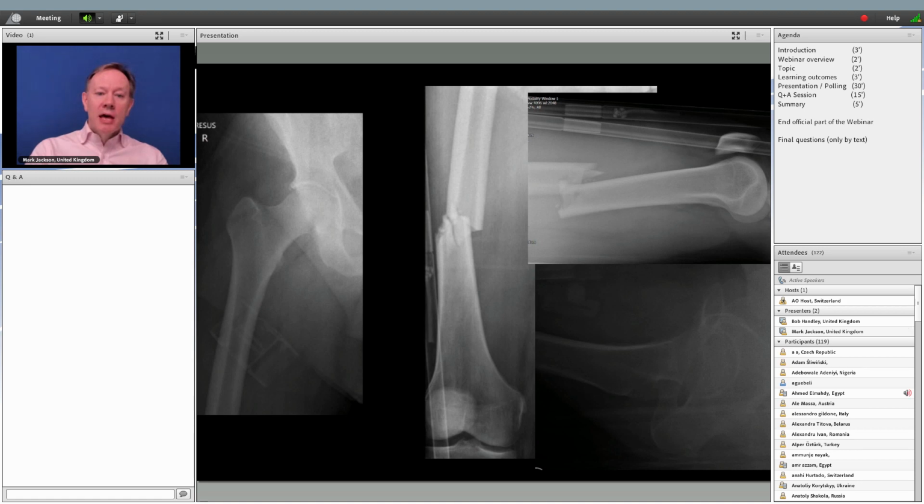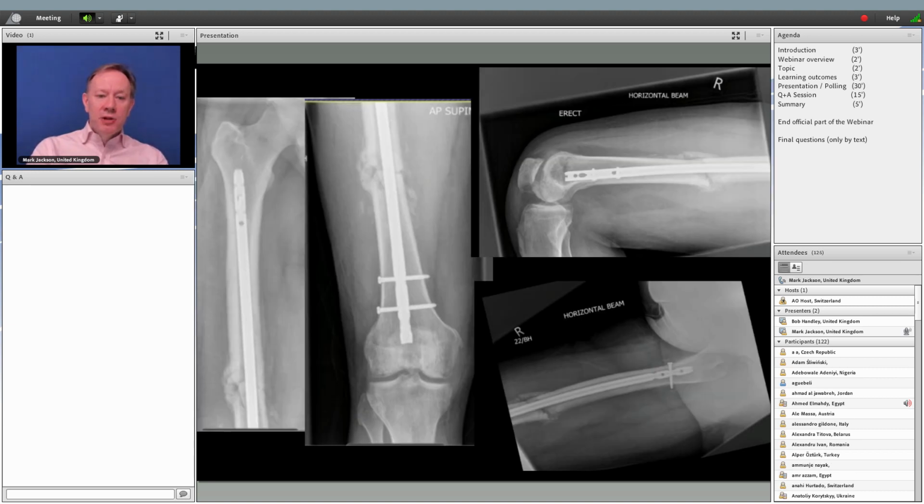So I'll just show you his radiographs initially. So a standard isolated mid-shaft diaphyseal fracture. And this has been treated by reduction and fixation with relative stability using a retrograde intramedullary nail. These are the radiographs at 6 months.